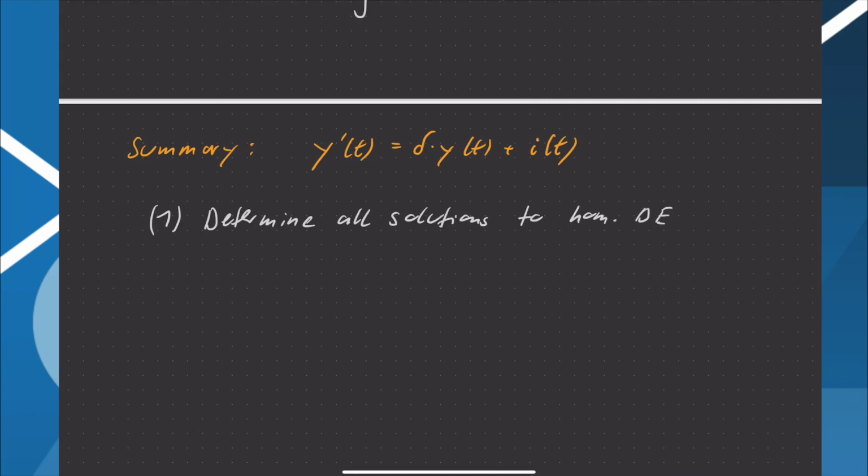That homogeneous equation is y prime of t equals delta times y of t. And you know that the set of solutions is some constant gamma times e to the delta t, where gamma is some real number. That's the solution set here.